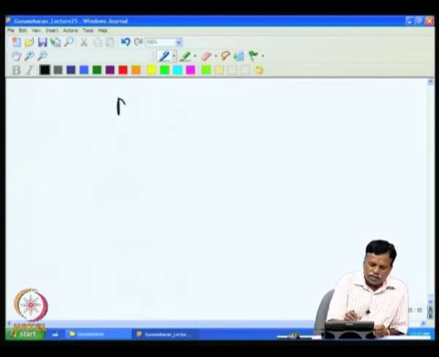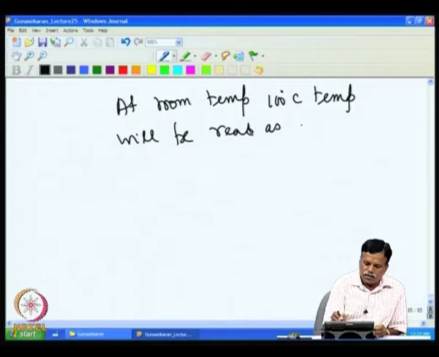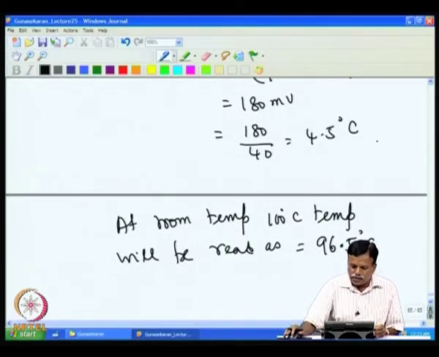So, at room temperature, 100 degree C temperature will be read as 96.5 degree C, because you will have 4.5 degree error at room temperature.